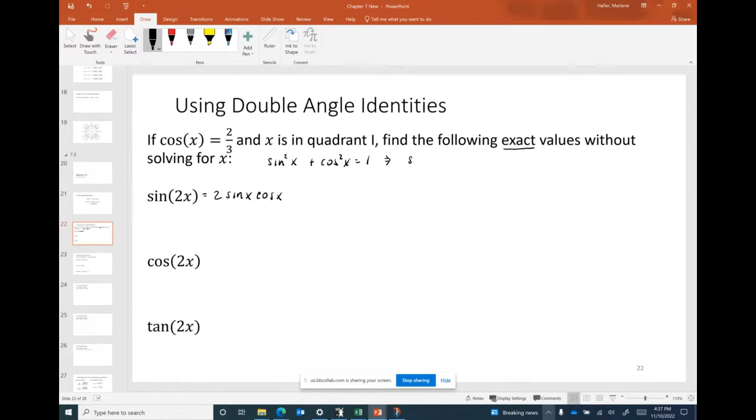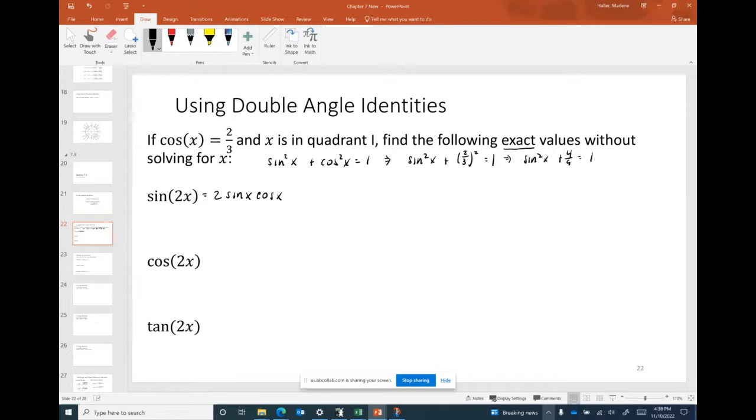So we can say that the sine squared of x plus, since the cosine is 2/3, 2/3 squared would be equal to 1. So sine squared of x plus 4/9 equals 1.